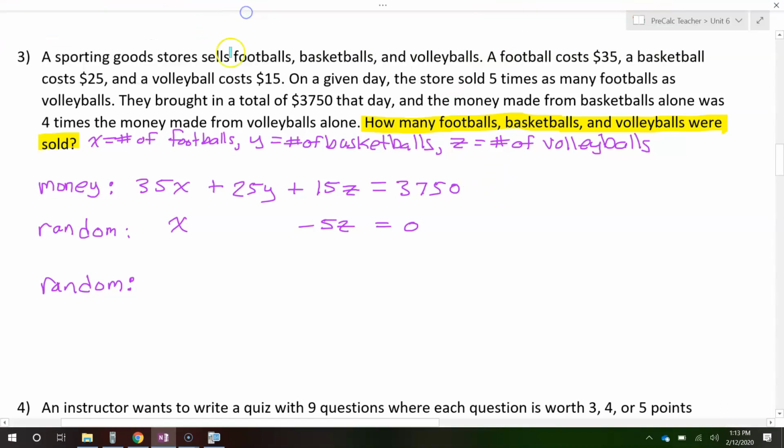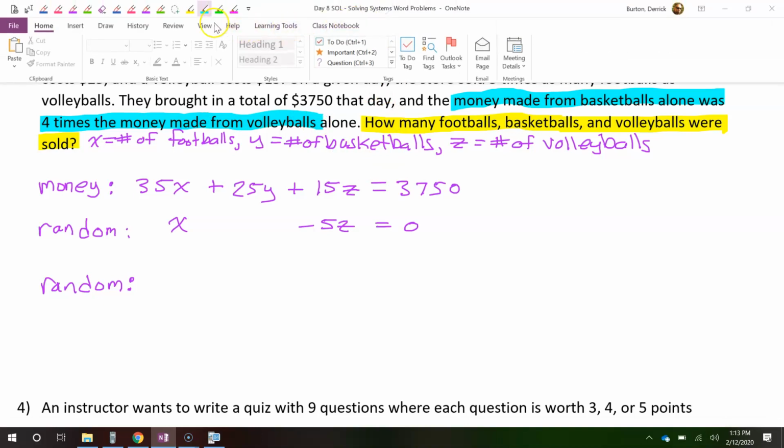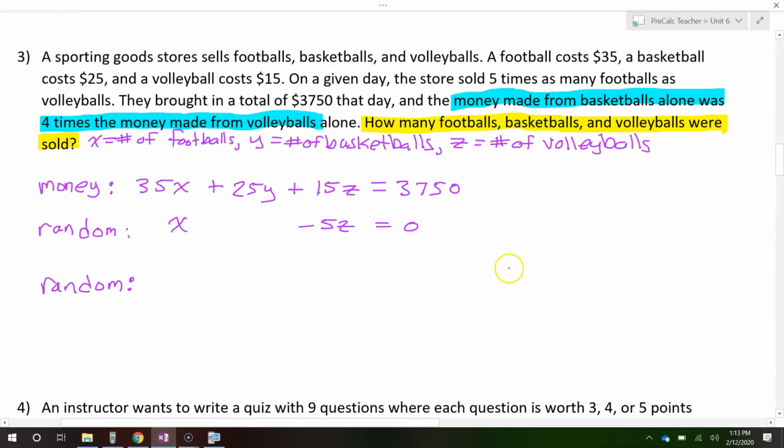Okay, let's see. Let's highlight the second random equation in blue. Money made from basketballs was 4 times the money made from volleyballs. Okay? Now, at first glance, this doesn't seem that bad.